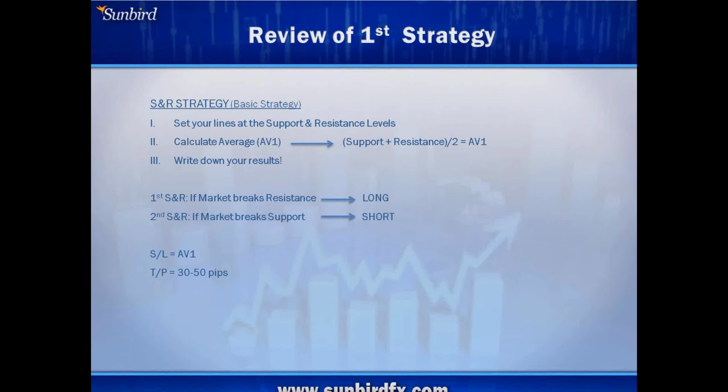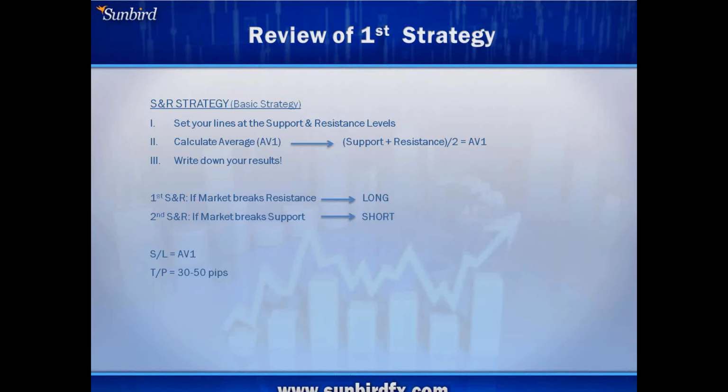We have the SNR strategy, the basic strategy, so we all know exactly what happens. Let's review it very quickly. First of all, you need to set your lines at the support and resistance levels. We will need to calculate the average of the resistance and support, which we will call average 1.